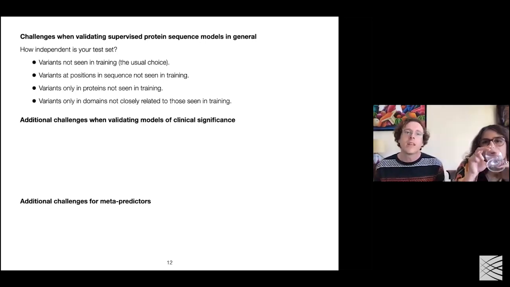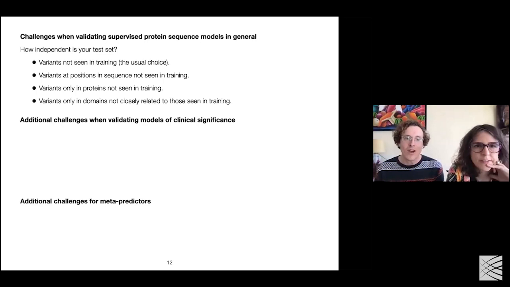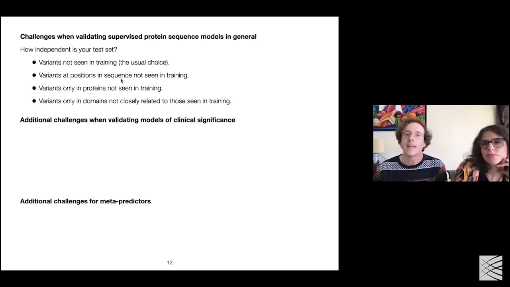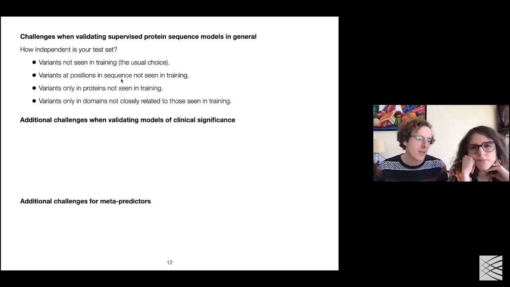And when we come to looking at sequence data, we can ask for different levels of independence. It's a rather vague process. So instead of just a random test train split, we can say, well, if I've seen that hydrophobic amino acids at position 10 are highly deleterious, then it's obviously quite easy to predict the effect of other hydrophobic amino acids at the same position.